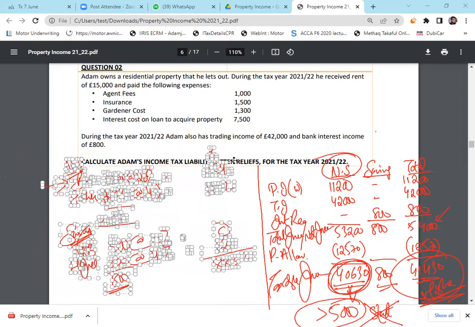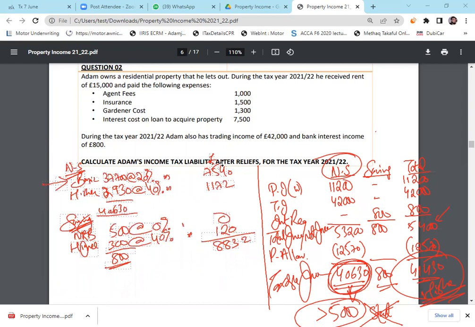So if interest on loan to acquire property is given, there is a relief available, and this relief will be deducted here. This relief is a fixed amount. You can say, relief on finance cost to acquire property, and it's a fixed amount.